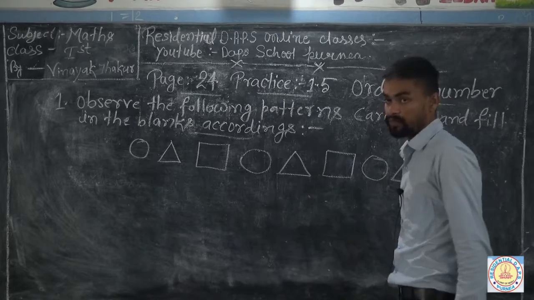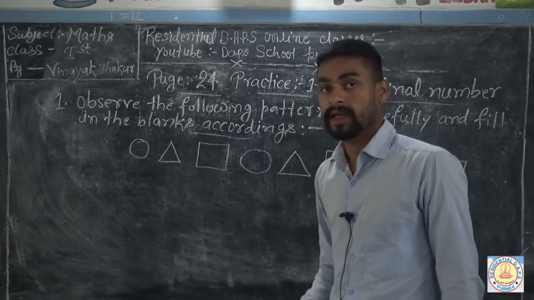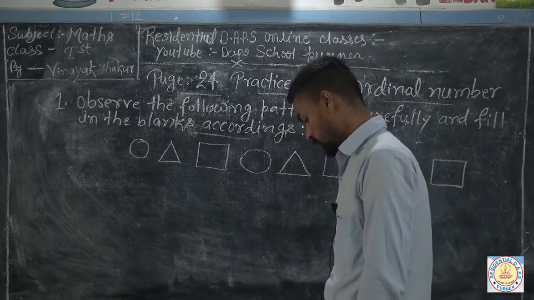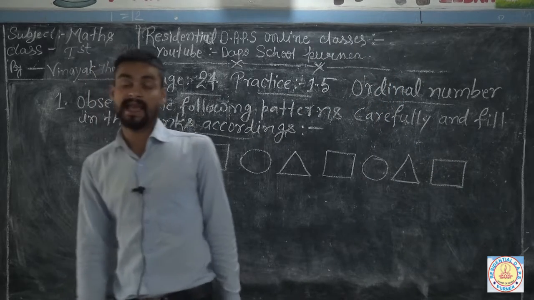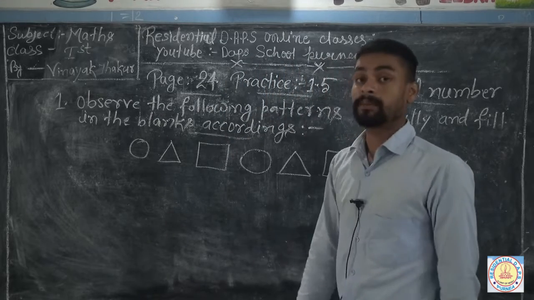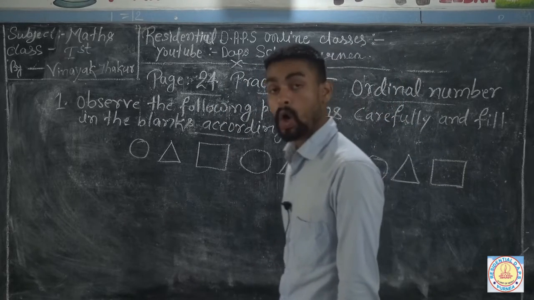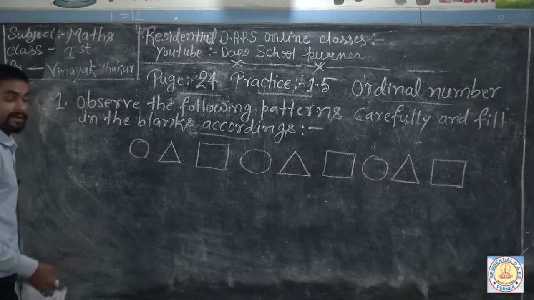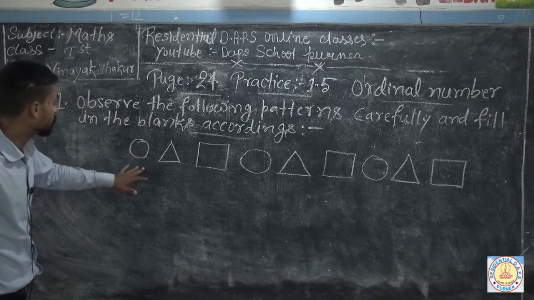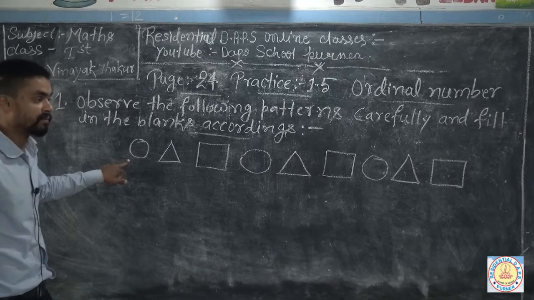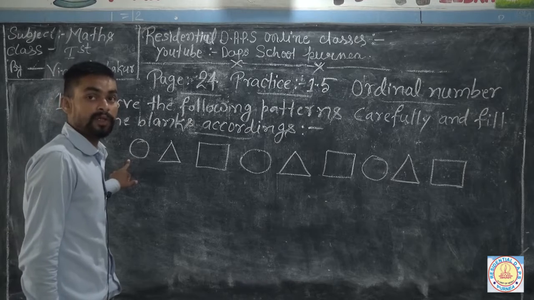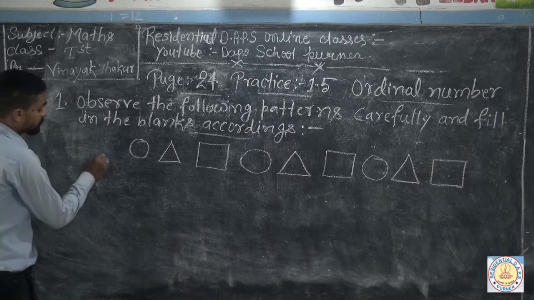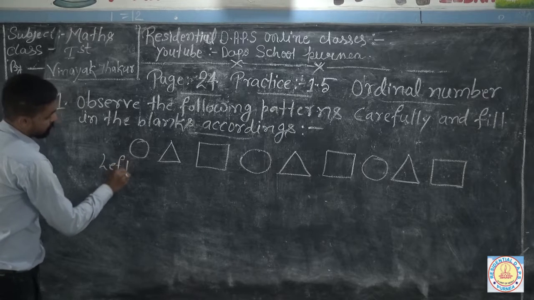So guys, this is your figure, and you have to recognize which figure comes in which place, because ordinal numbers tell us about place and order. At first look at your blackboard: your first figure is on your left.